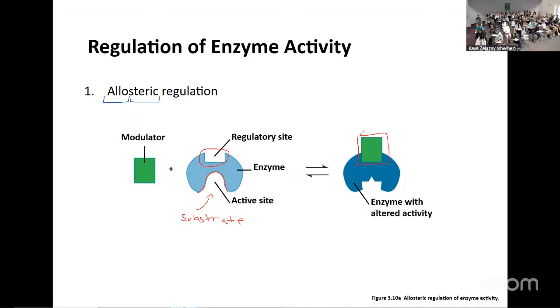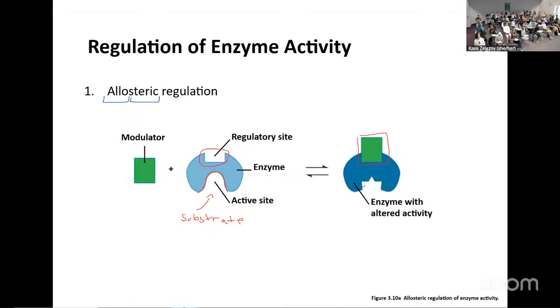Because when different molecules touch each other, they change shape, we have this conformation change. The effect of the modulator binding into the regulatory site is that we change the shape of the active site, the part that actually binds the substrate, where the reaction actually happens.